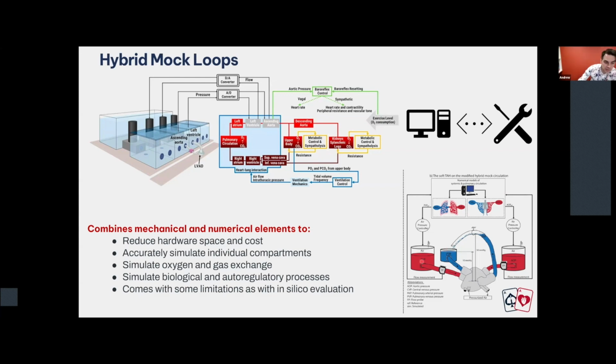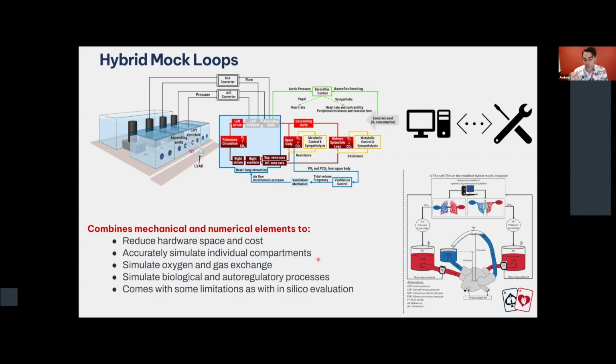So the benefit of having a hybrid mock loop is that you can reduce hardware space and cost and accurately simulate individual compartments. So remember when we were talking about how our lumped aortic compliance is our aortic artery, as well as all of our capillaries, all of our sort of arterial branches that come off the aorta.